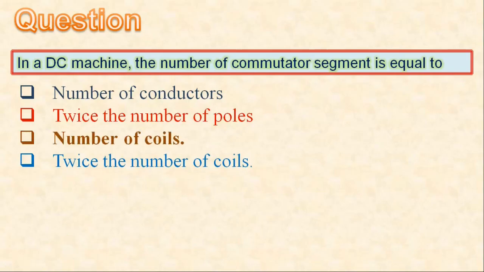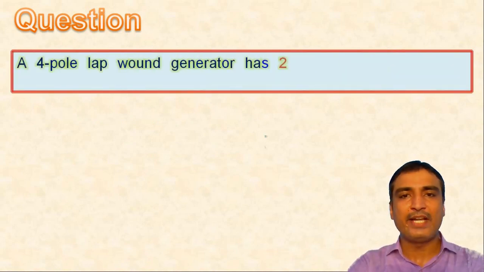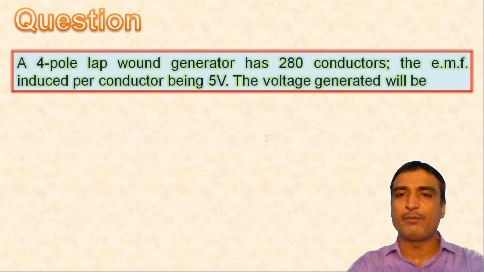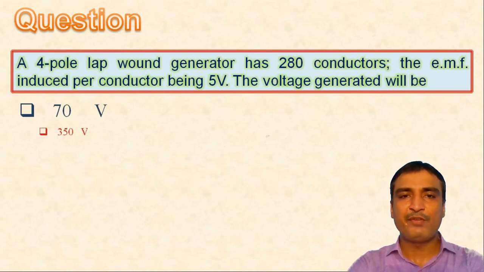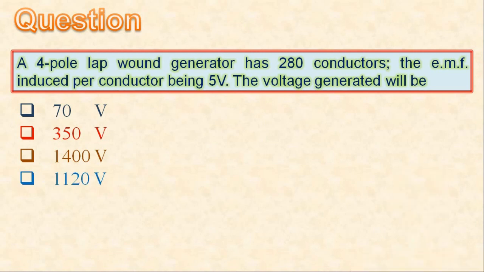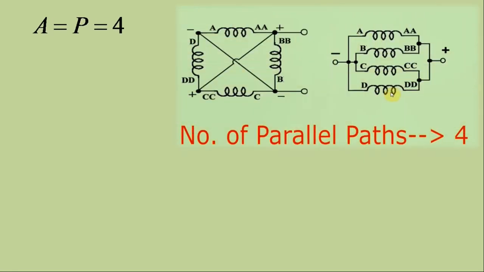Next question is, a 4-pole lap wound generator has 280 conductors, the EMF induced per conductor being 5 volt. The voltage generated will be, the options are 70 volt, 350 volt, 1400 volt, 1120 volt. For lap wound generator, the number of parallel paths is equal to the number of machine poles.